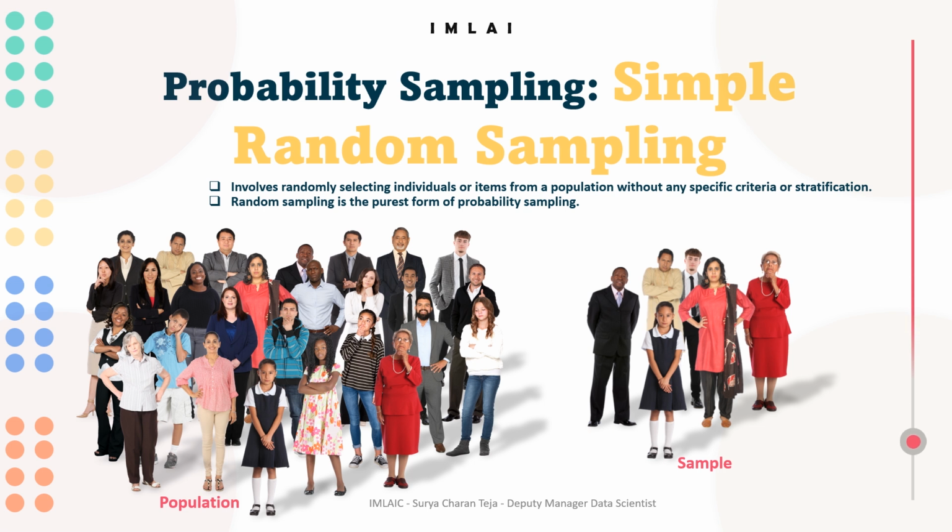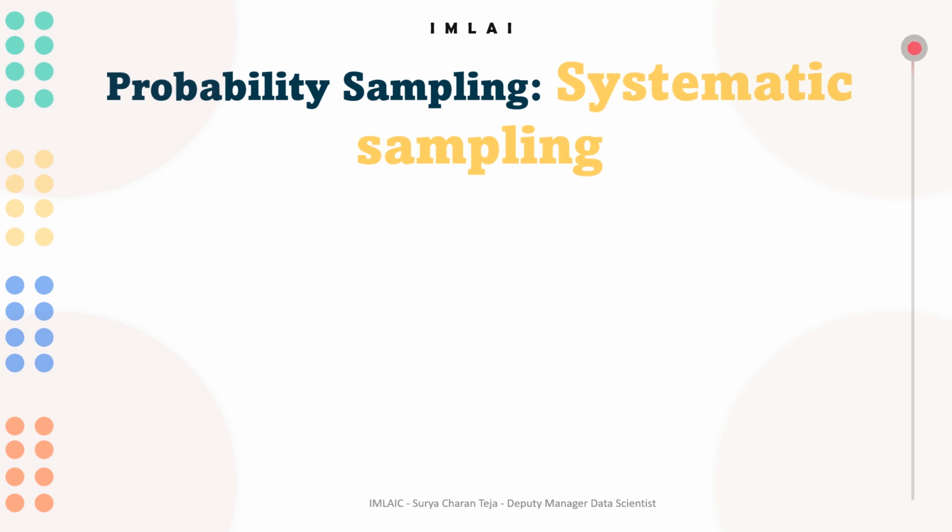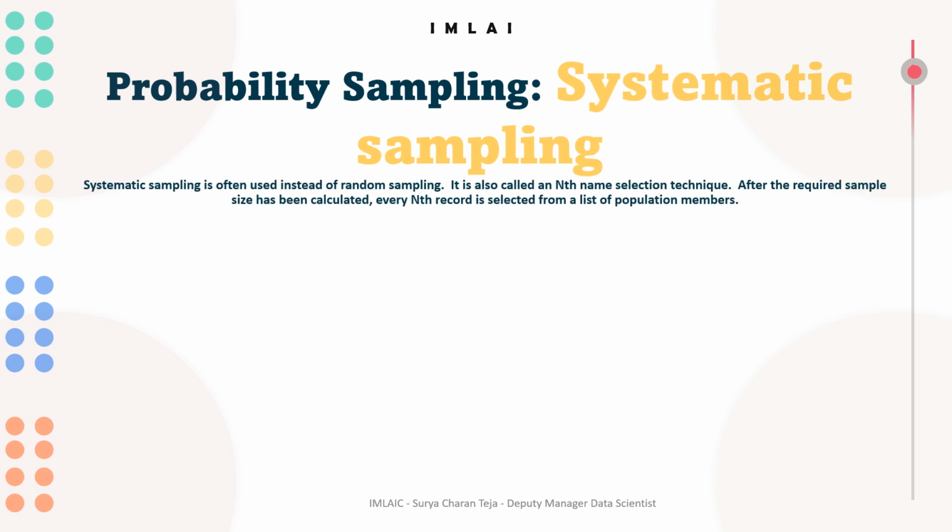Okay, now let's look into the second technique from probability sampling, that is systematic sampling. Systematic sampling is often used instead of random sampling. It's also called the nth name selection technique.